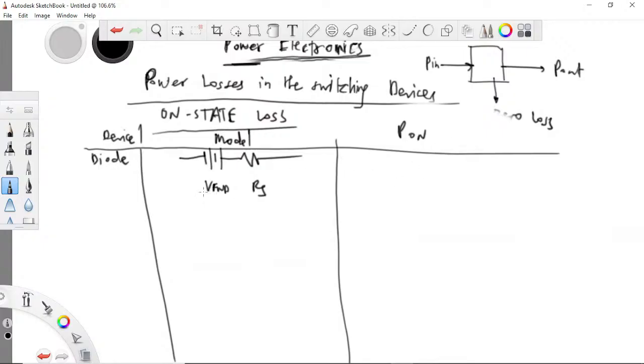Because this is made up of a voltage source and a resistor, the on state loss for the voltage source is V forward times average current, and for the resistor, it is RS times RMS current squared. The next thing we'll look at is how to compute the average and RMS current from the waveforms. Beautiful. Now let's take the next, a MOSFET.